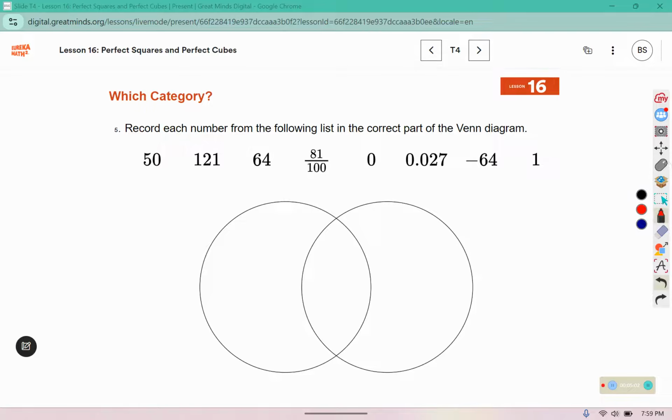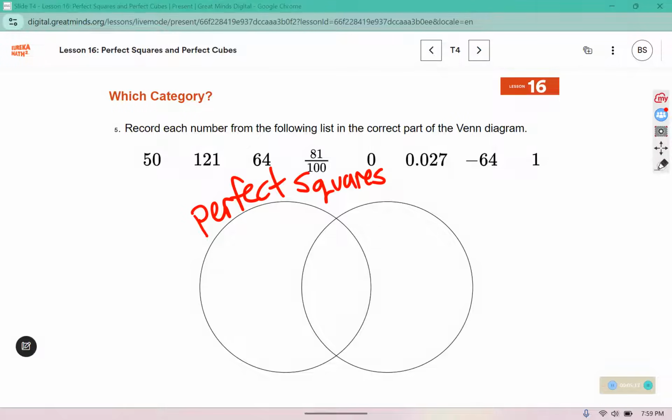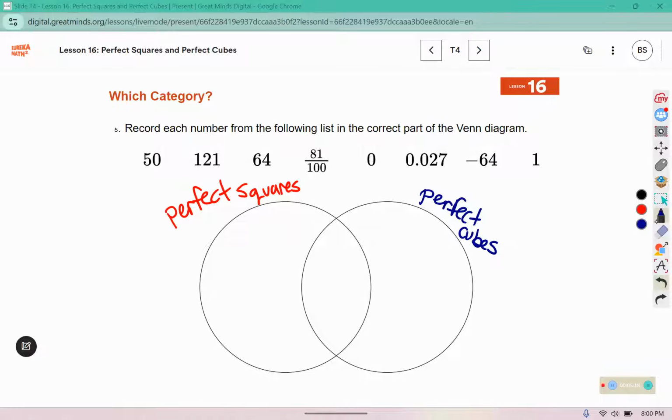In this Venn diagram, we're going to sort them into perfect squares, perfect cubes, both, and neither.